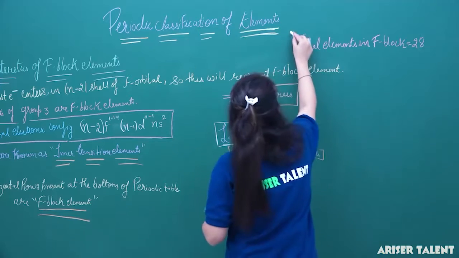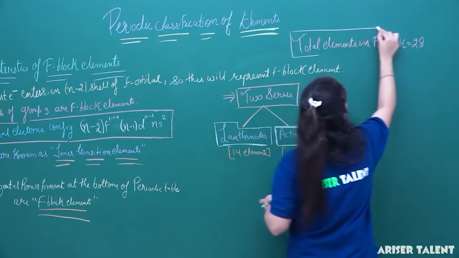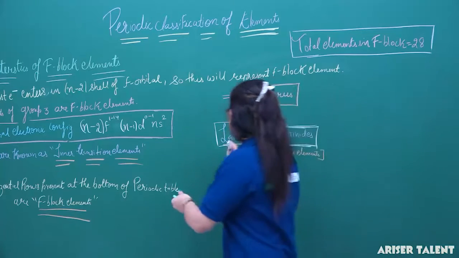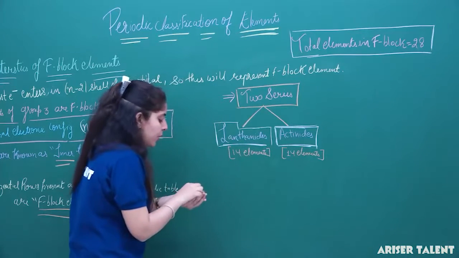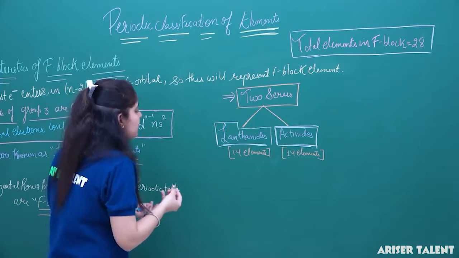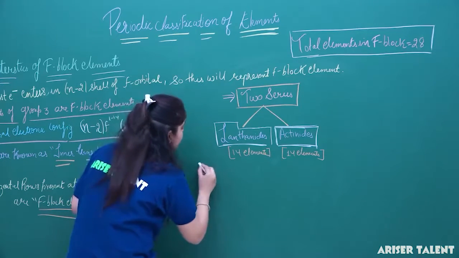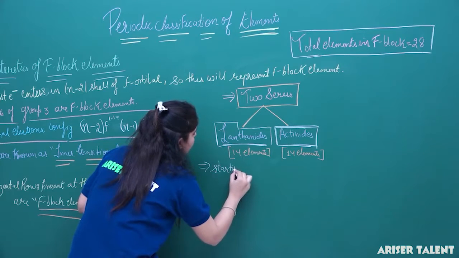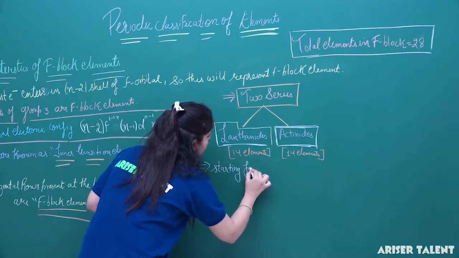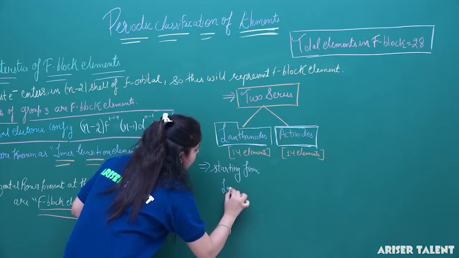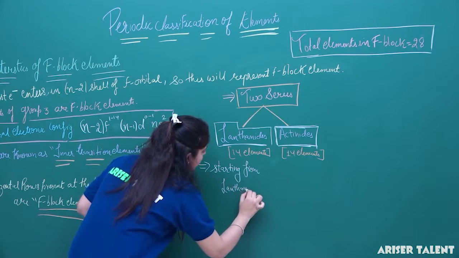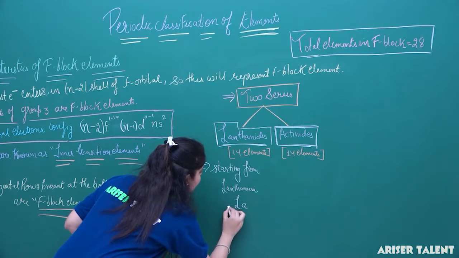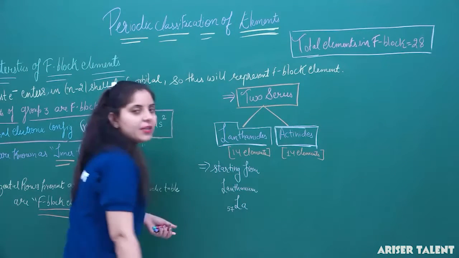So this is a general thing about F block elements. Now the lanthanoid series consists of 14 elements and starts from lanthanum, which has atomic number 57.